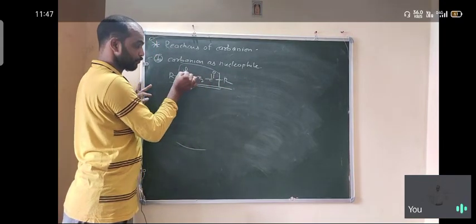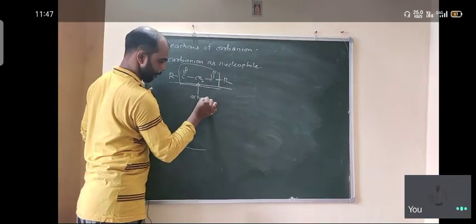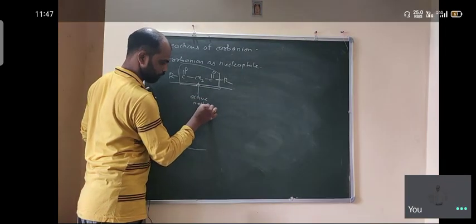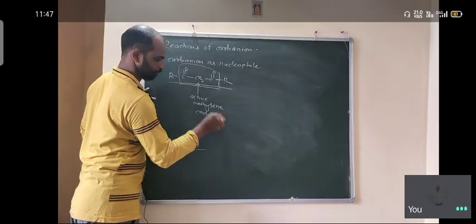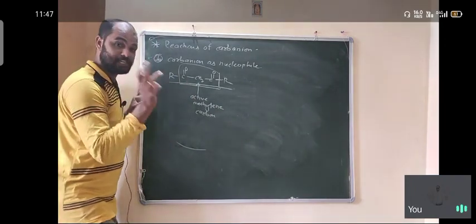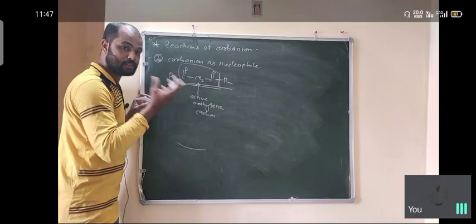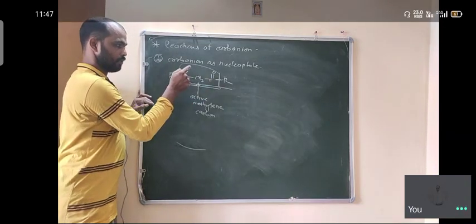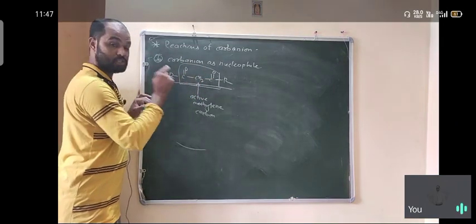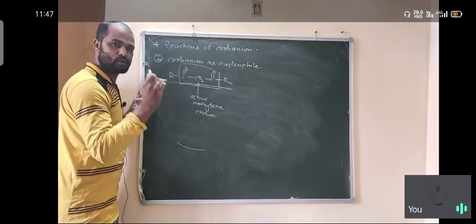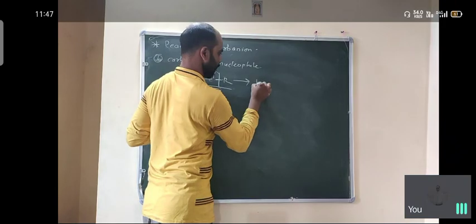CH2 is present between two flanking carbonyl carbons. This CH2 is called the active methylene carbon, and it is more acidic in nature because two adjacent electron-withdrawing carbonyl groups are present. Due to these two carbonyls, the CH2 protons are more acidic, and they easily undergo loss of proton and formation of carbanion.